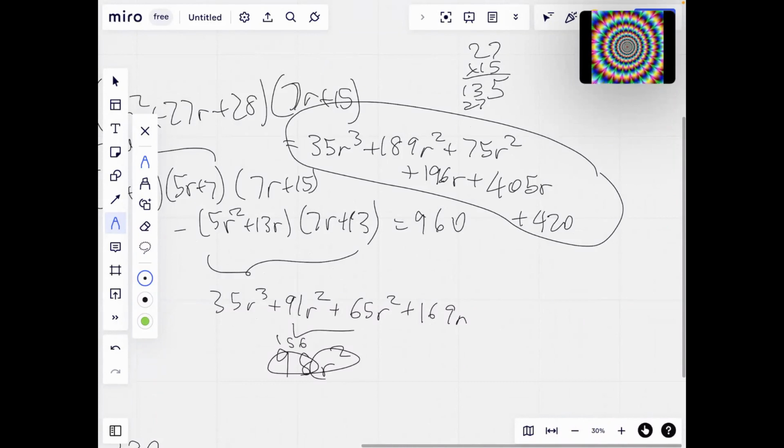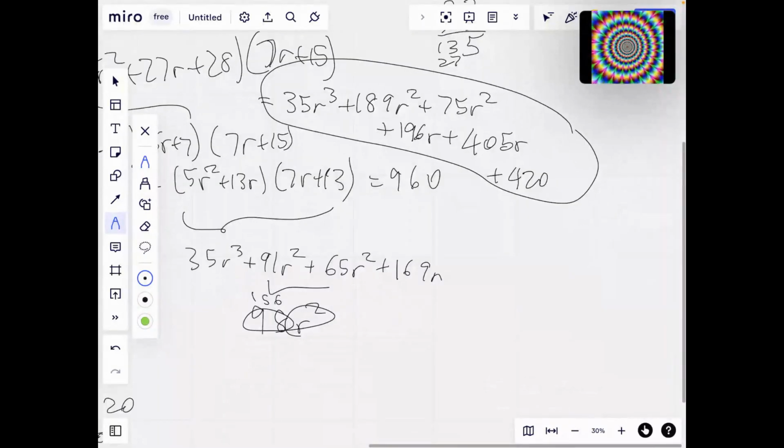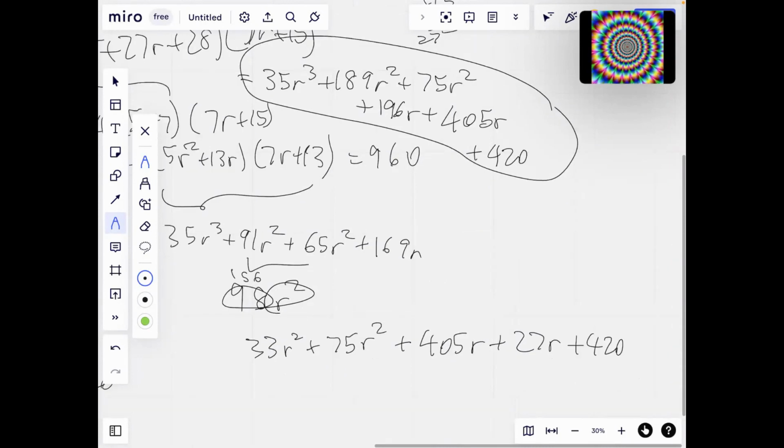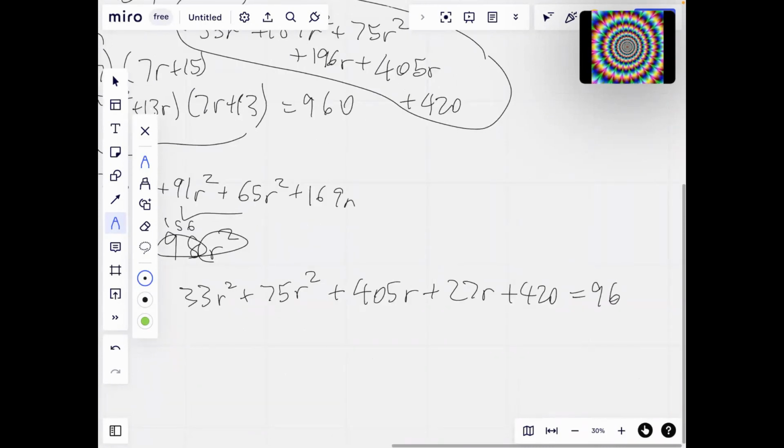And 189 minus 156, okay, so that's 33r squared plus 75r squared plus 405r plus 196 minus 169 should be 27r plus 420 is equal to 960.